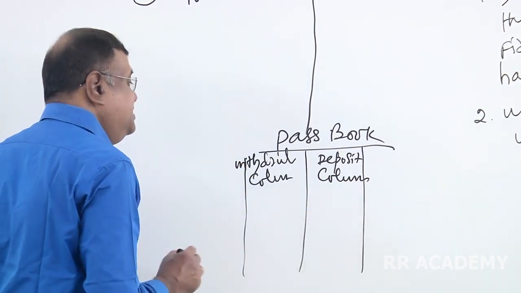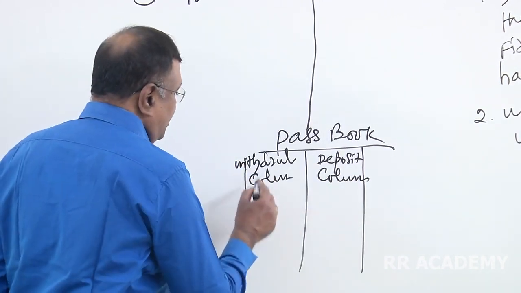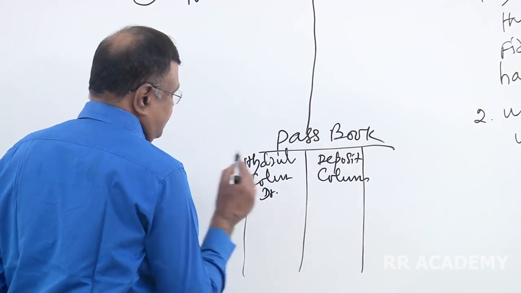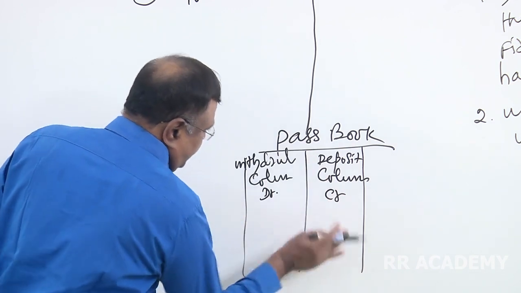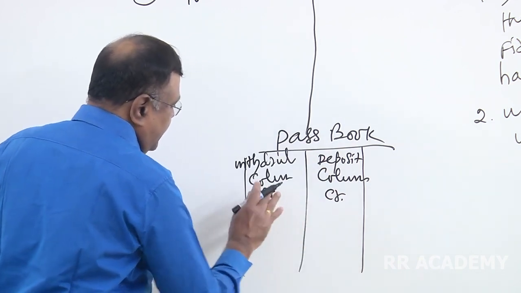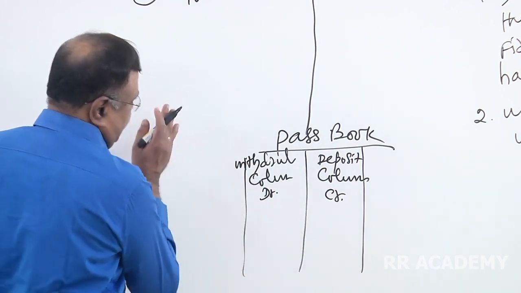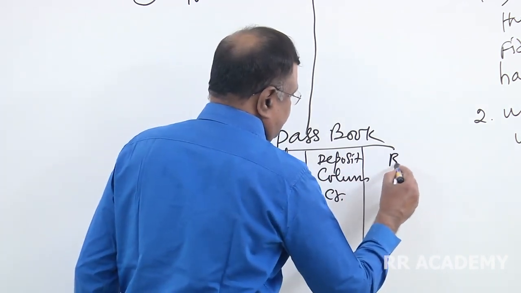But what we say, withdrawal means debit, deposit means credit. Money comes into the bank, credit; debit goes from the bank. Of course, balance.